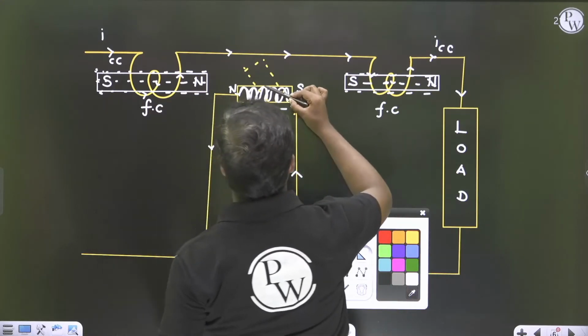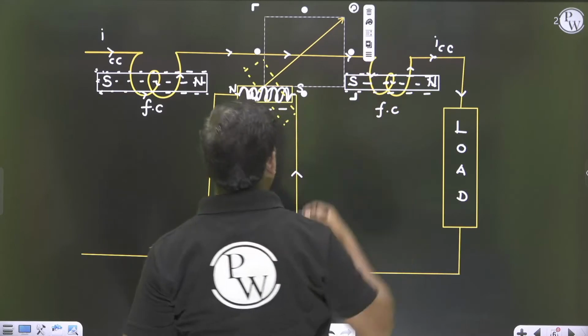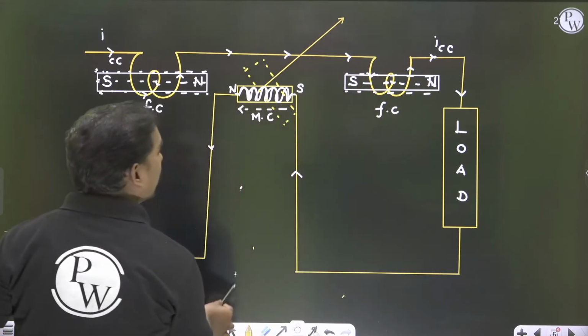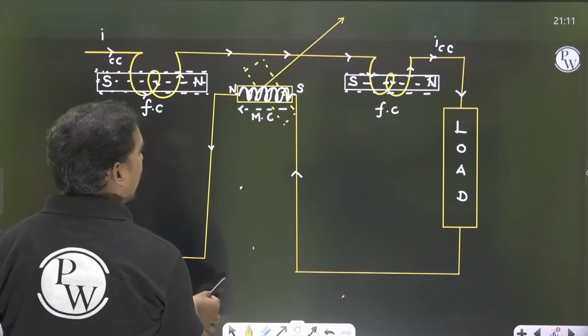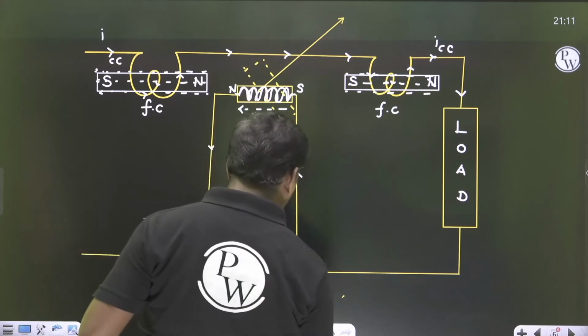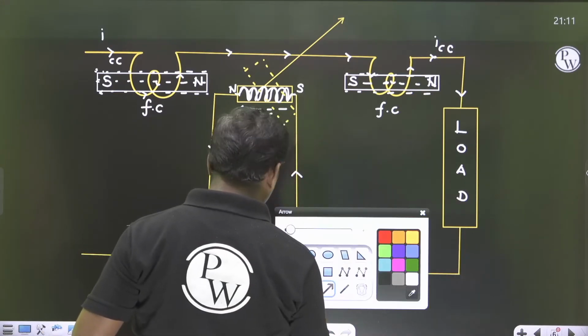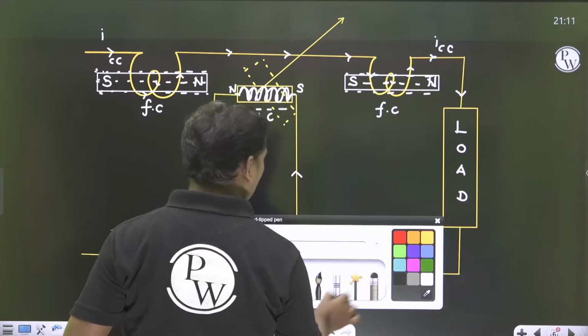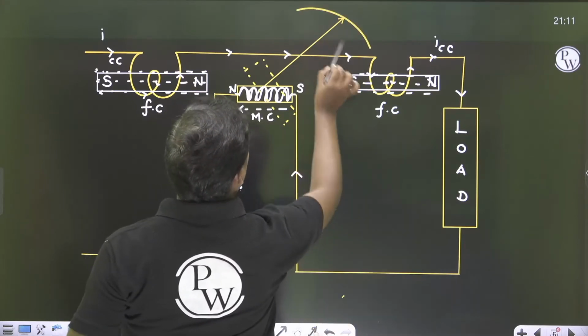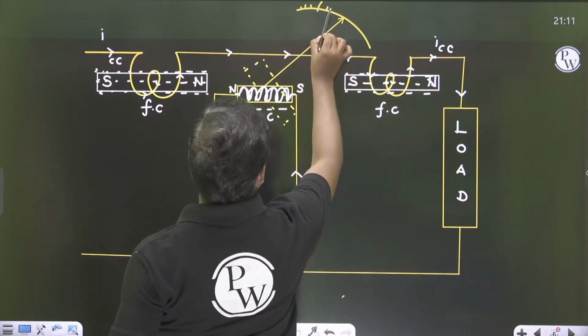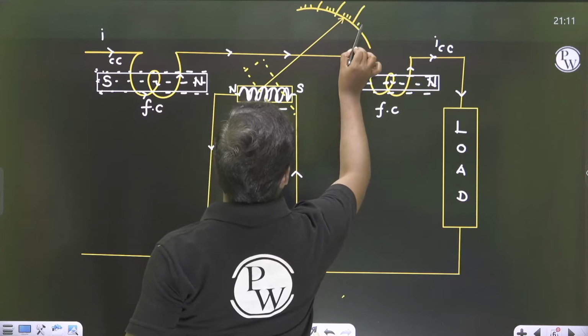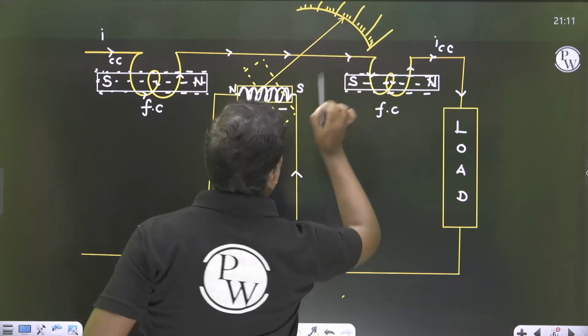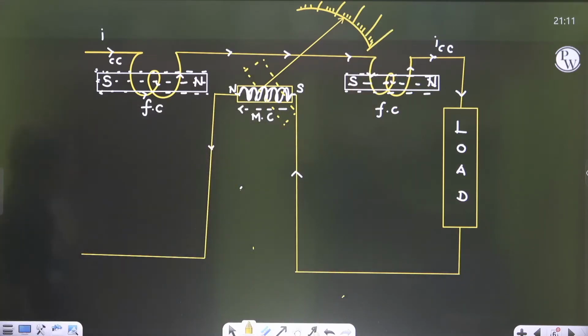And this pointer, what is it going to do? This pointer is going to give a deflection.